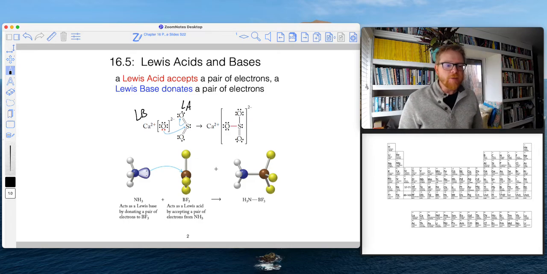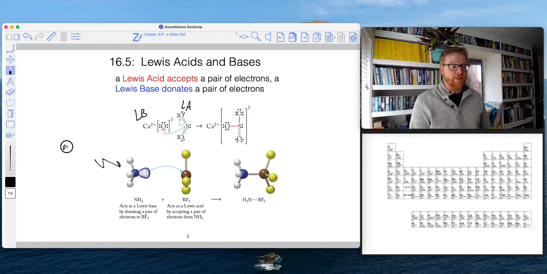Okay. So another example, again, with ammonia, and hopefully what you can tell right now is there are certain molecules that are just always going to act as Lewis bases because they have lone pairs to give. Ammonia is a good example of this. I'm going to say almost always a Lewis base because it has those lone pairs to give.